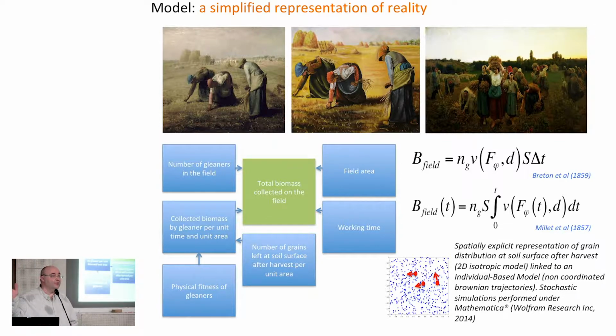So, you know, it's just something simple to show you some examples, but it's nice to show that with the same conceptual model, you can derive a set of different equations to represent the process.